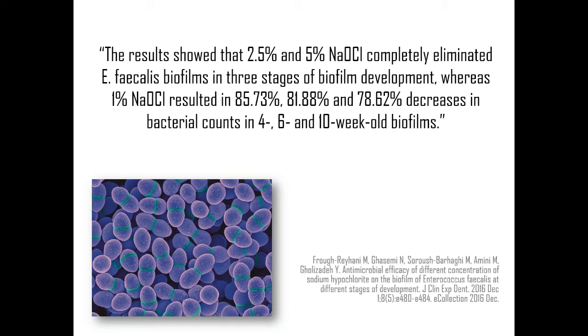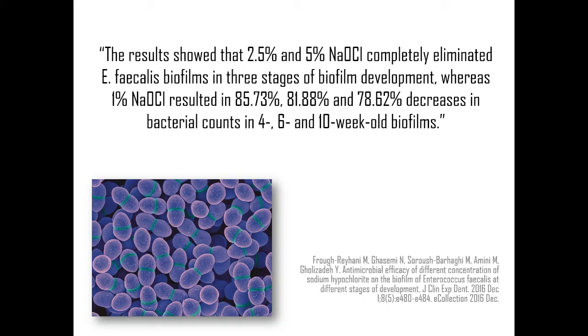And the 2.5 and 5% sodium hypochlorite completely eliminated the Enterococcus faecalis biofilms in all 3 stages of biofilm development. So whether it's 4, 6, or 10-week-old, the sodium hypochlorite completely eliminated them, whereas the 1% sodium hypochlorite had reduction rates of 86, 82, and 79% in the 4, 6, and 10-week-old biofilms, which is significantly better than the phosphate buffered saline solution, which you would expect.